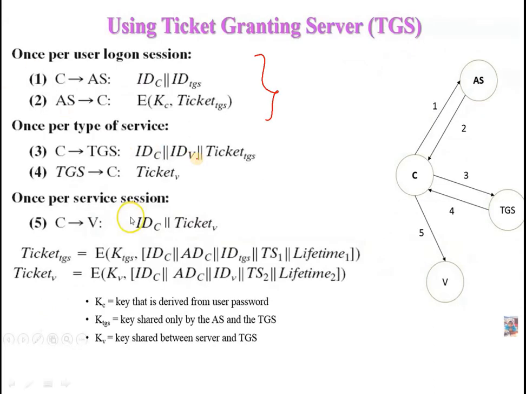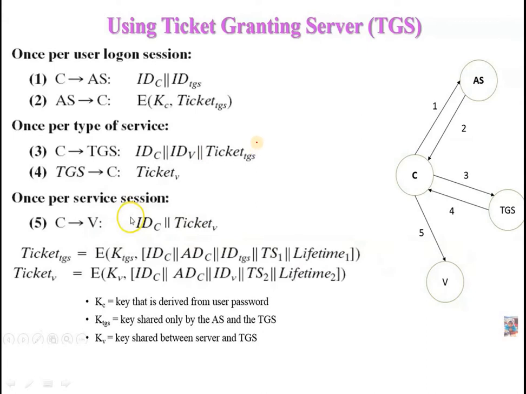Next, the third and fourth steps together are called once per type of service. In the third step, the client sends information to the TGS, the ticket granting server. It shares IDC, the identifier of the client, IDV, the identifier of the server (V is nothing but the server), and ticket TGS.